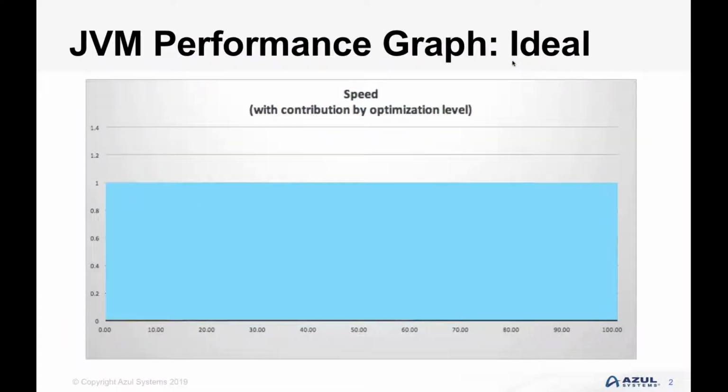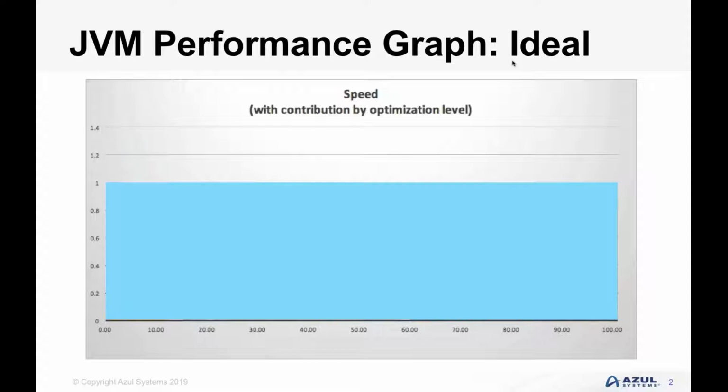The first thing we need to talk about is understanding how the JVM works in terms of its effect on the performance of your application. What I've put together here is a very simple graph of what you would like in an ideal world.